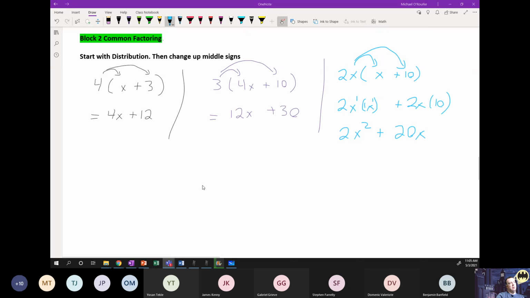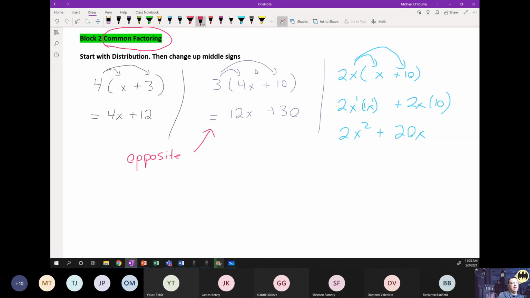Perfect. So now since we feel good about something, of course I'm going to change it up. So what we're doing today is common factoring. Okay? And common factoring is just the opposite of this. This one here, we're taking a number and distributing it through it.